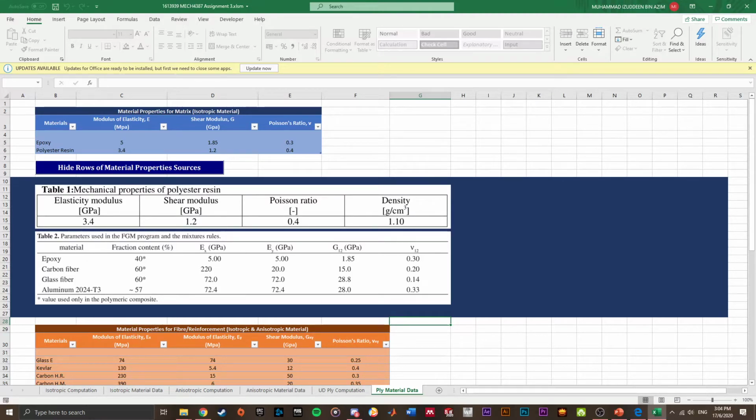Okay, for example, if you want to make something stronger and lighter, we can do that. For example, we want to make Kevlar, armor Kevlar.